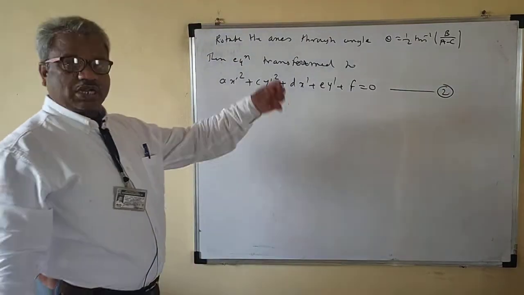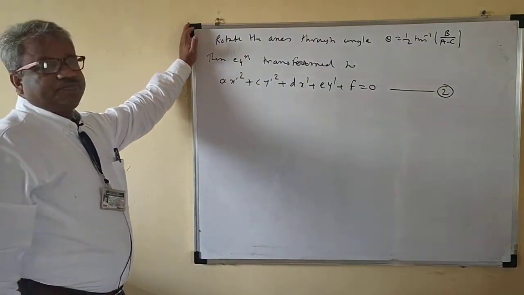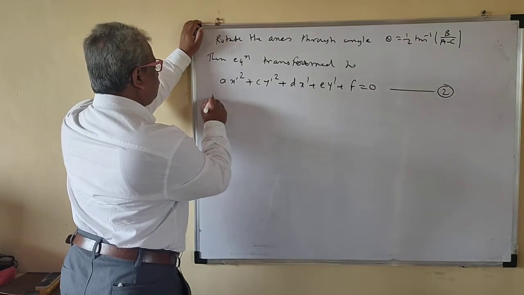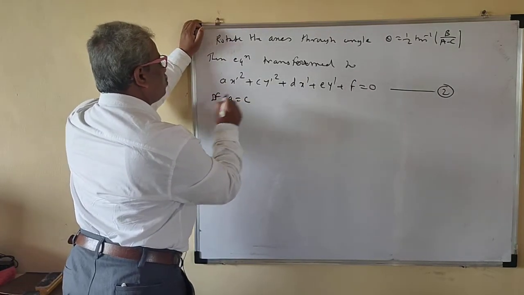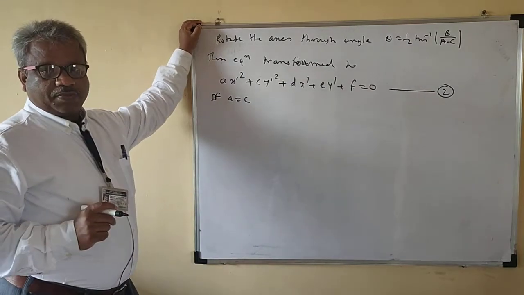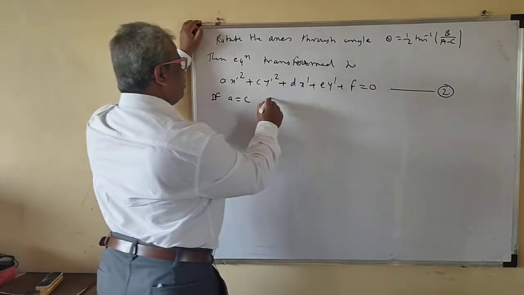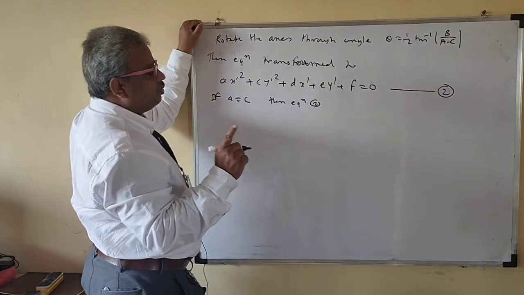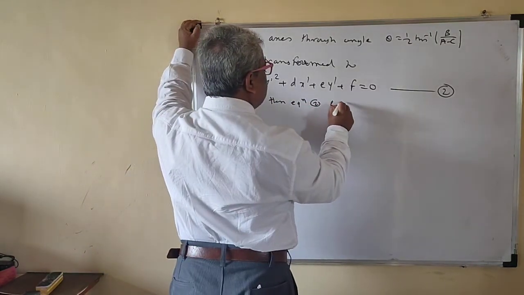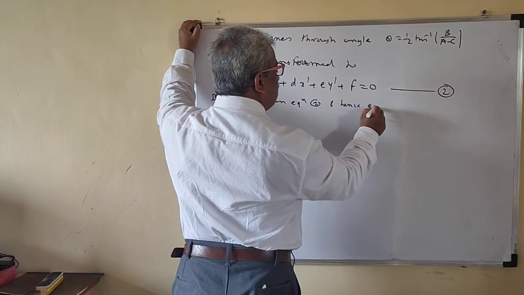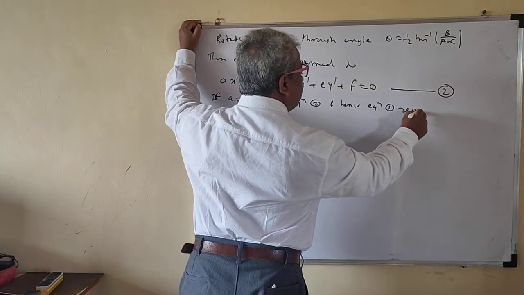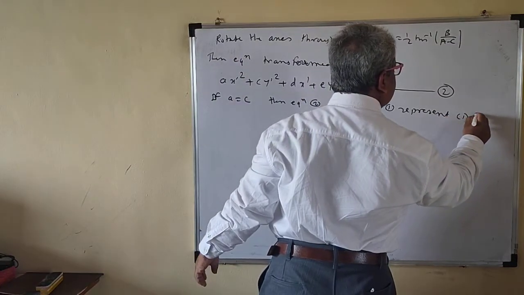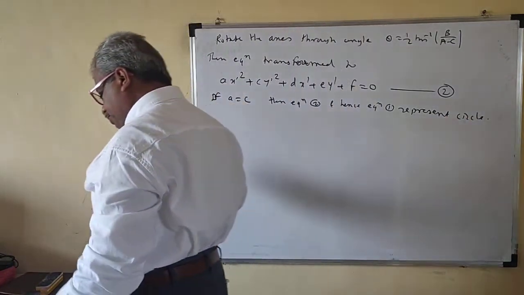So you have rotated the frame through this angle. If a is equal to c, then equation 2 means equation 1, and hence equation 1 represents a circle.